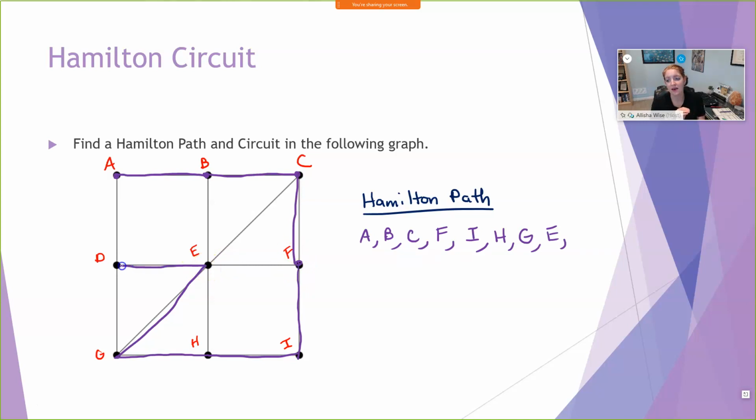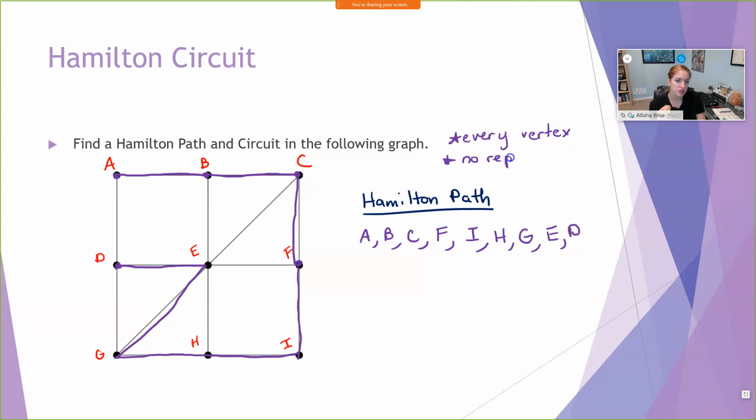So it looks like I have to end at the last vertex, D. So this would be a Hamilton path because you're visiting every vertex, every point on the graph. We are not repeating any edges. We are not repeating any vertex. So we're visiting every vertex.